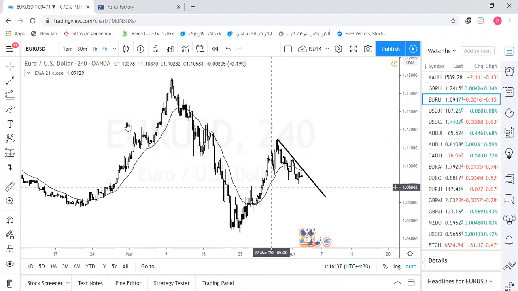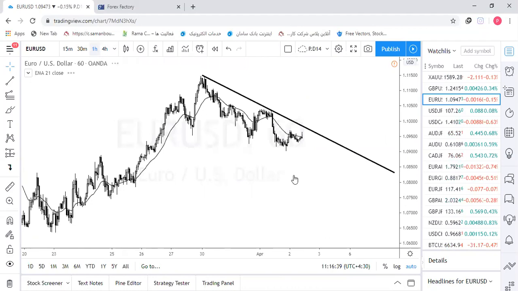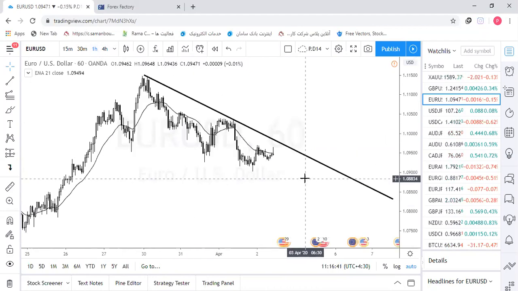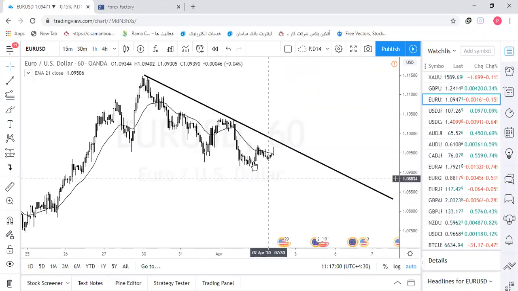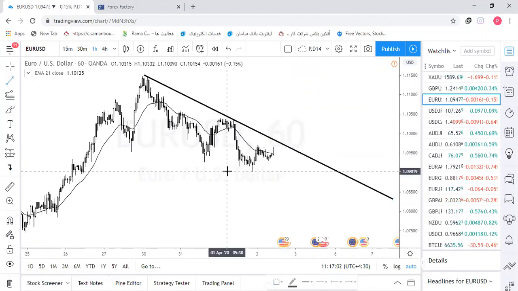But we have a correction line in our corrective movement. So as I told you before, even in corrective movements, price move like A, B, C, for example, and A and C are 5 waves, okay? So maybe this is 1, this is 2, and we are going for 3 right now.